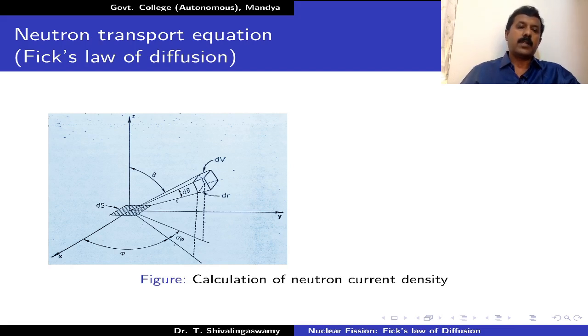I have taken one such elemental volume dV, which is at a distance r from ds, and this ds is kept at the origin. This elemental volume makes an angle theta with the z axis, and its projection makes an angle phi with the x axis.